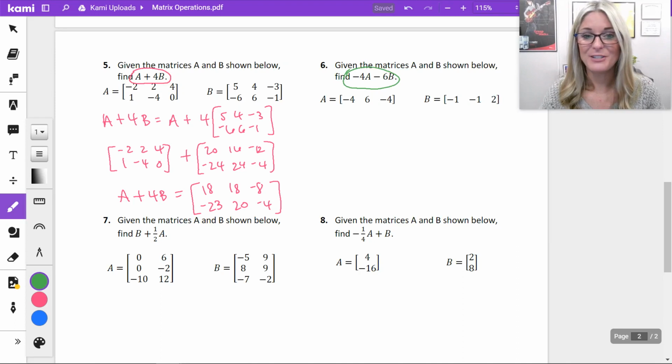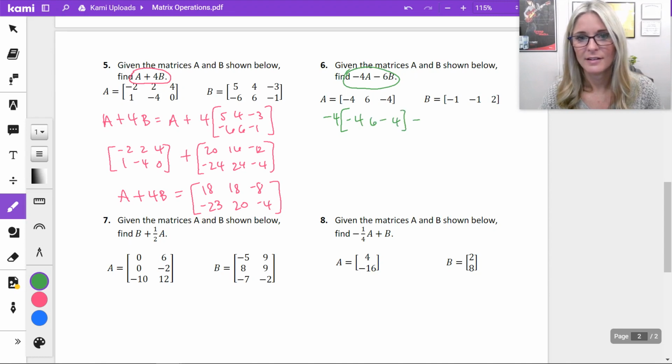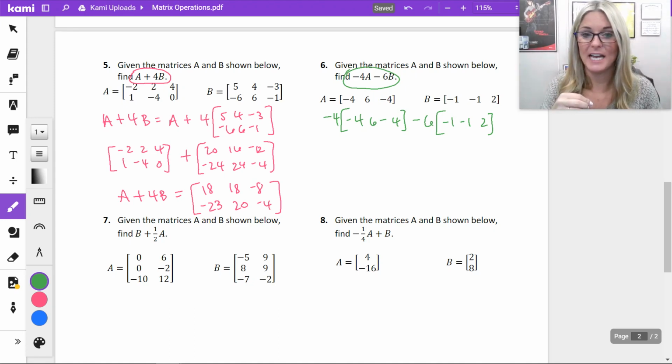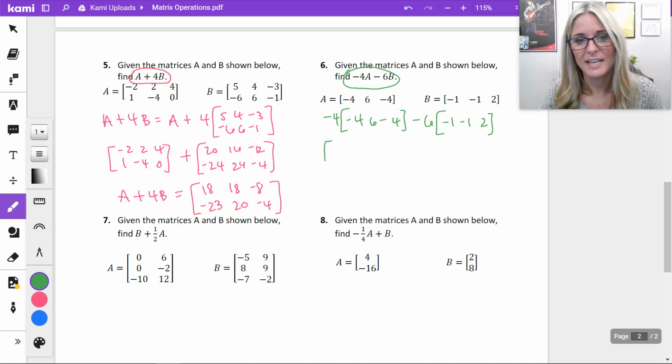Number 6, we're going to find negative 4A minus 6B. You can see that this matrix is a 1x3. So let's go ahead and set it up. We're going to do negative 4 times this A matrix and negative 6 times this B matrix. And I'm going to multiply with negative 6 so then I can just add my matrices together. Okay, so the new A is going to be positive 16, negative 24, and then another positive 16.